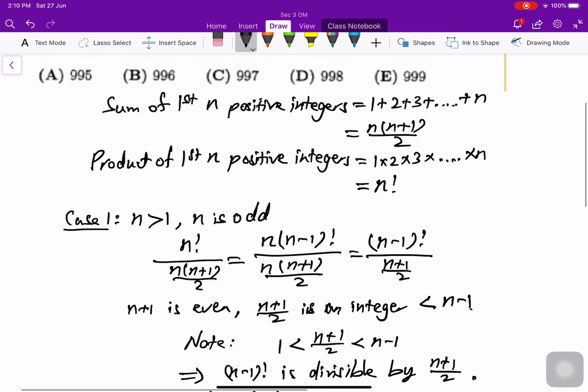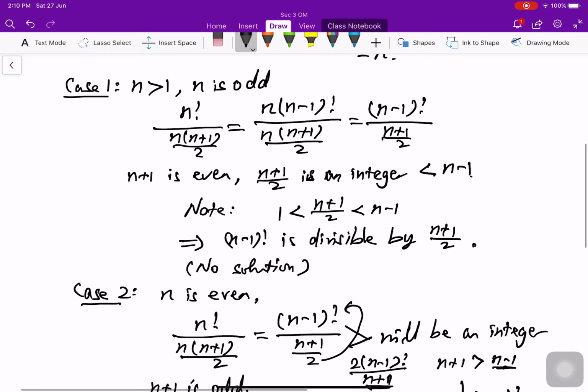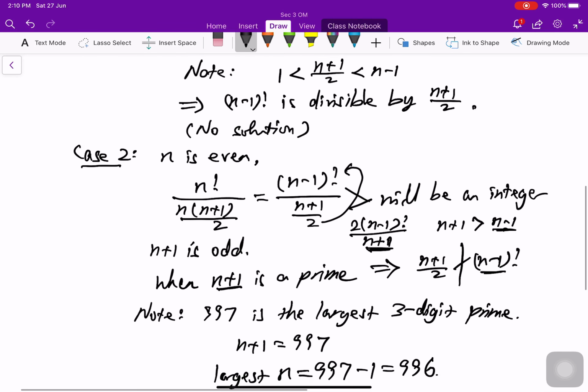Therefore, be very clear in how you actually solve. Sorry, I think this part here will not be an integer.